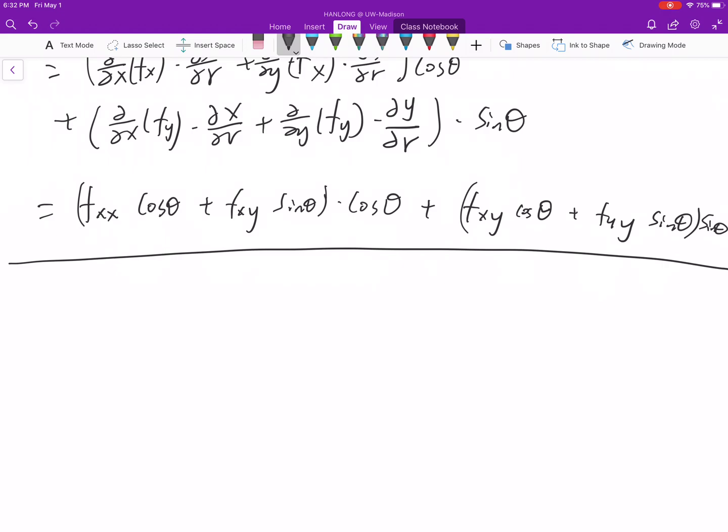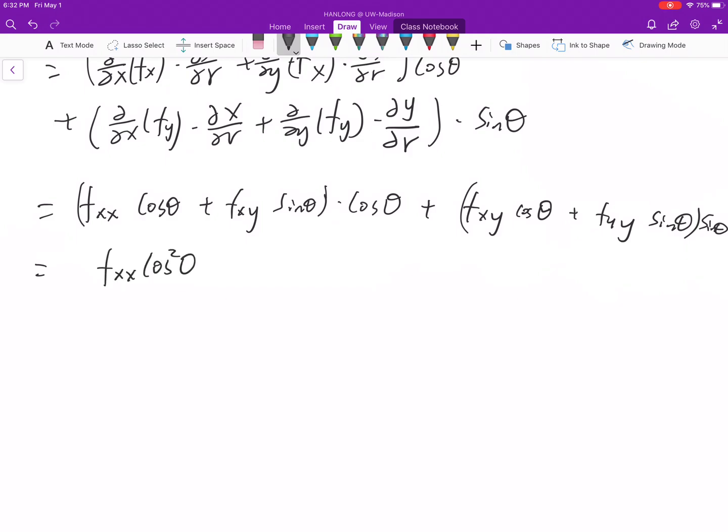Or if you want to simplify it, you can do one more step. That is fxx cosine square plus 2fxy sine cosine plus fyy sine square.